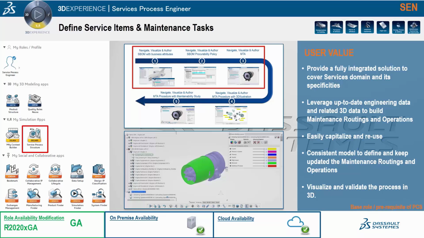So it's quite a similar role to the PST role, manufacturing engineer, which is targeted for manufacturing engineering. And here we are dealing with services and maintenance. So this role was not GA till 20X. It's now available GA for on-premise and cloud.